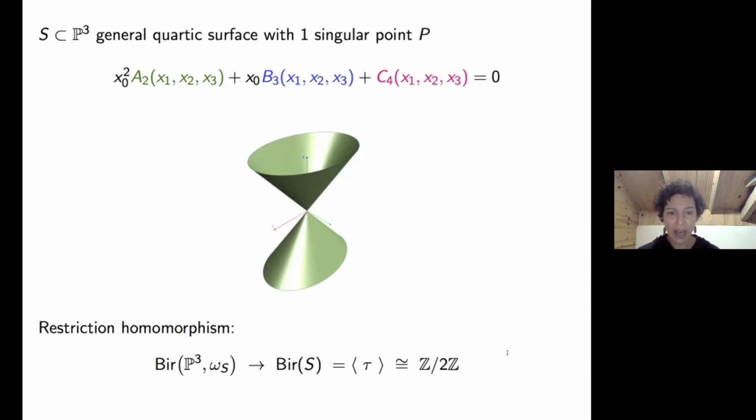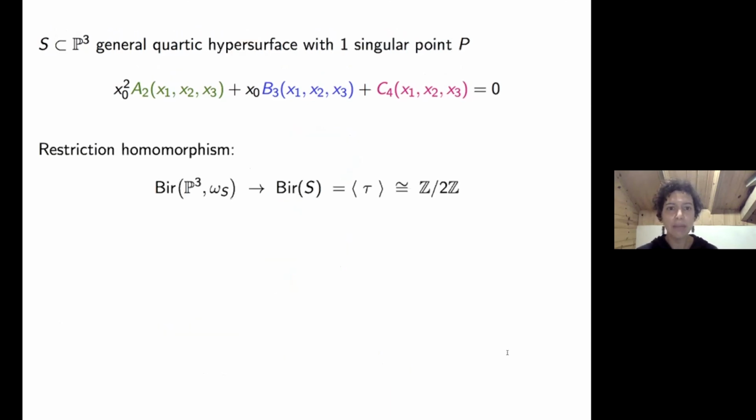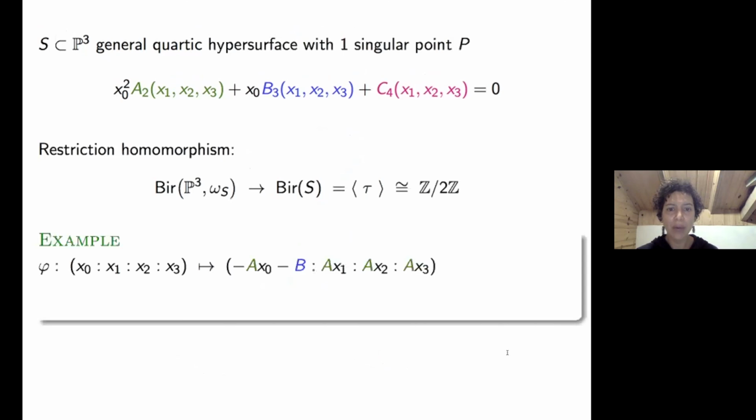So we have this, and then our theorem. Oh, okay. So this is just an example to show that this restriction map is surjective. So I can write down explicitly, and I wrote this down for you, a birational map.